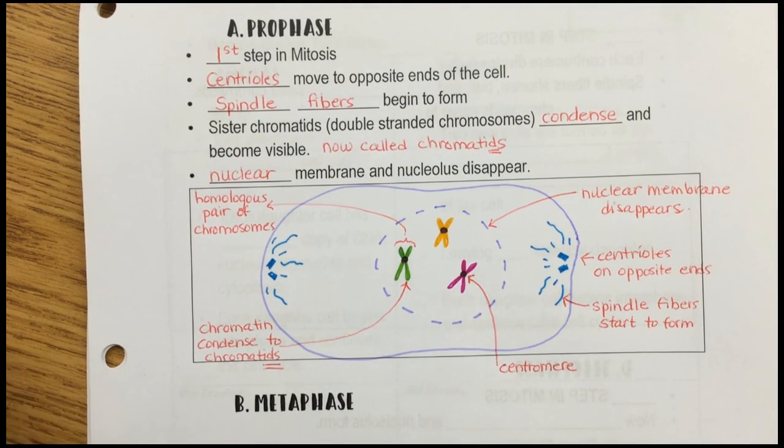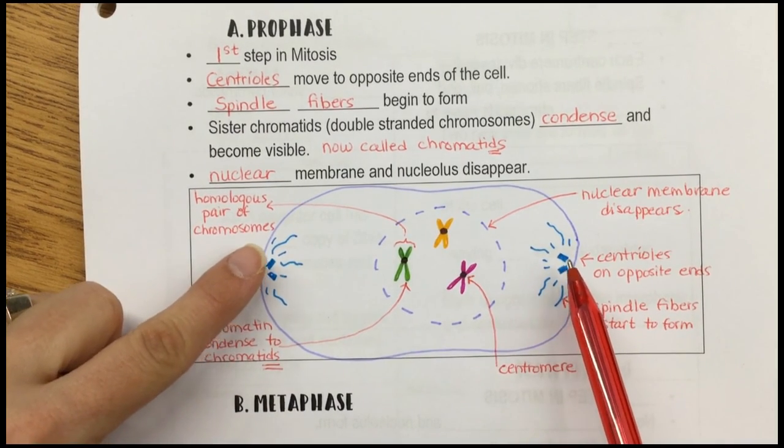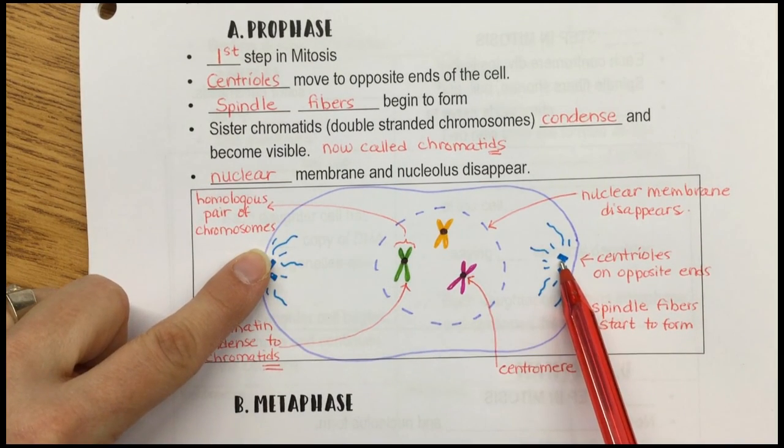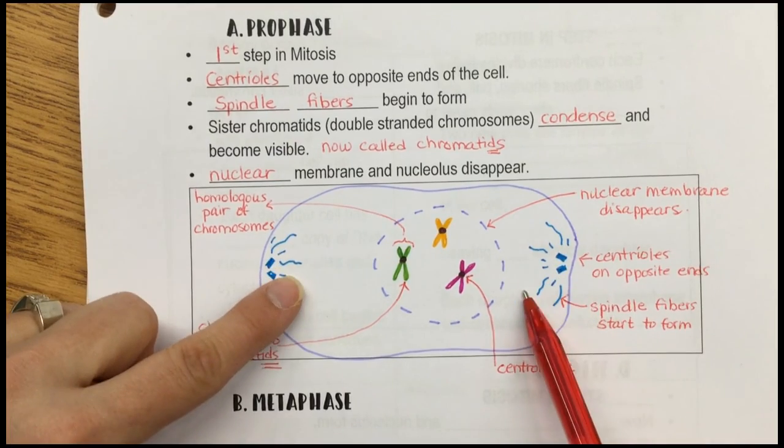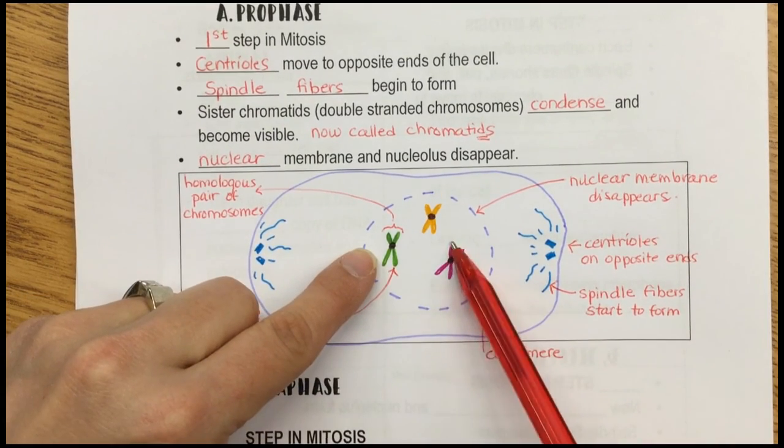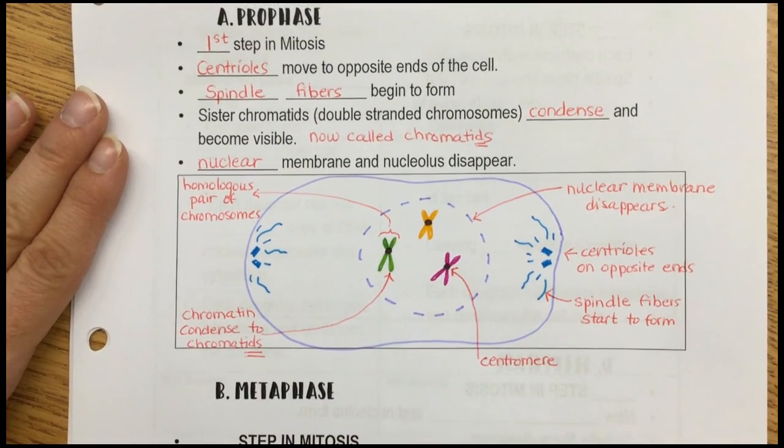And that is prophase. Prophase literally is the centrioles move to opposite ends, spindle fibers start to form, and the chromatin condense to chromatids. That's the big picture.